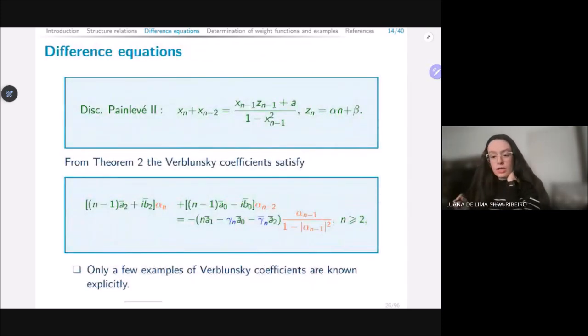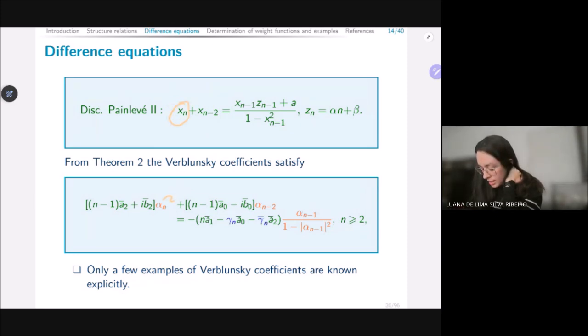So let's take a look at the general discrete Painlevé equation. The general discrete Painlevé equation is in this form. Here, we can find it in the Van Assche book, for example. And our formula for theorem 2 holds also for complex Verblunsky coefficients. They are kind of similar.